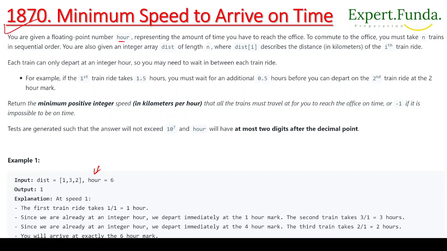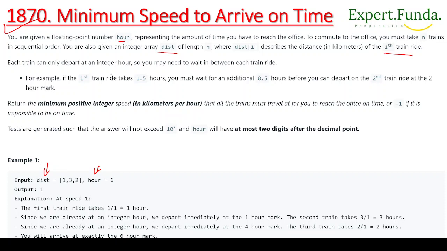To commute to the office, you must take n trains in sequential order, and we are also given a dist array, the distance array, of length n, where dist[i] describes the distance in kilometers of the ith train.